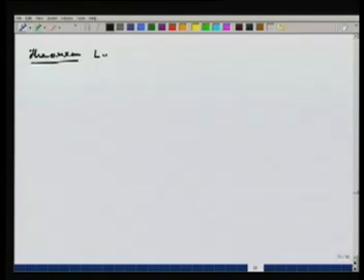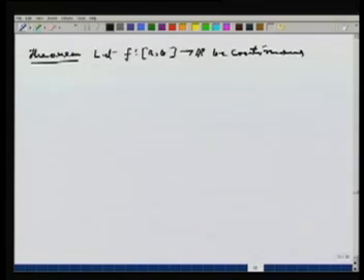Let f from the closed interval AB to R be continuous and differentiable on the open interval AB.